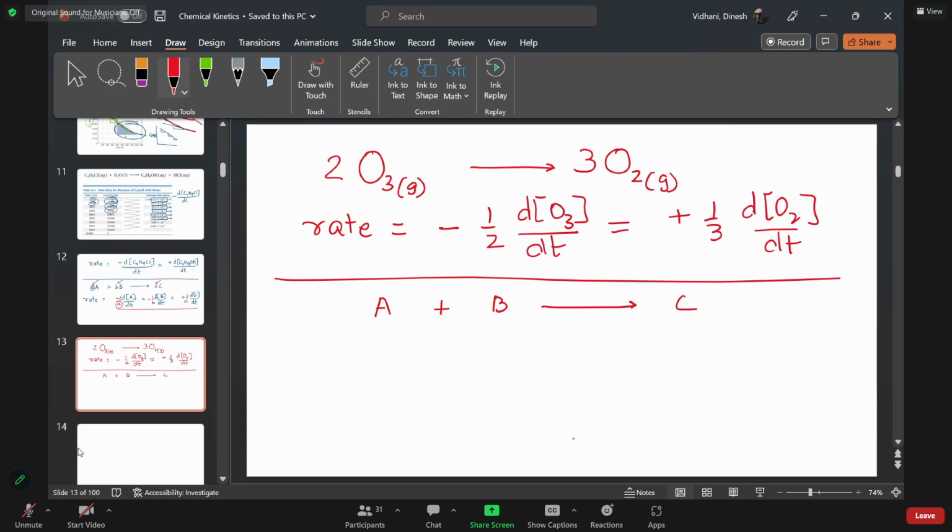It doesn't depend on the products, right? So I can write my rate equals to the concentration of my reactants like that.